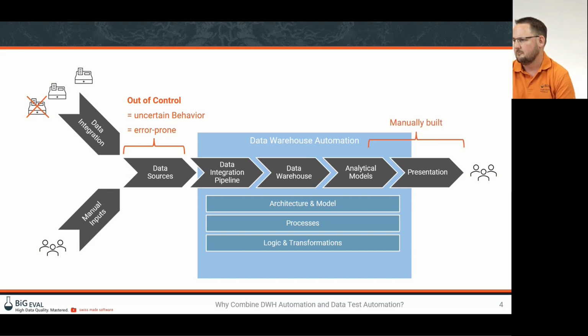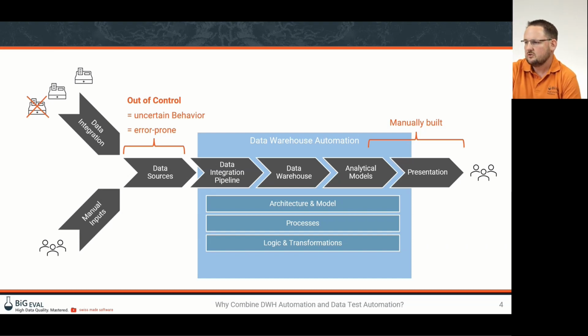On the other end, often presentation layers or analytical models are built manually, and everywhere manual tasks come into the development process, there may be more problems and human errors at the end.